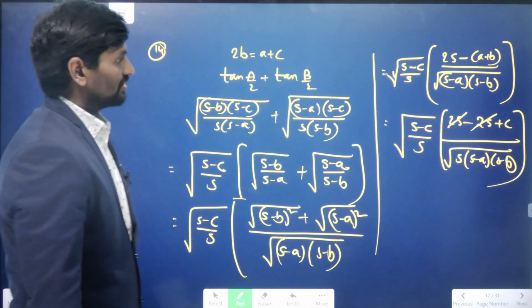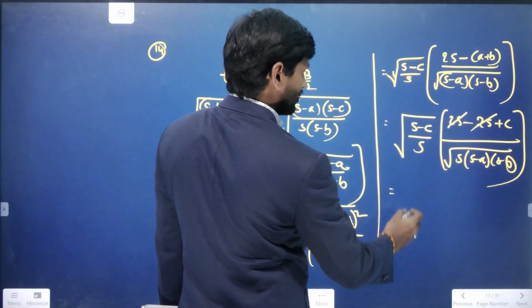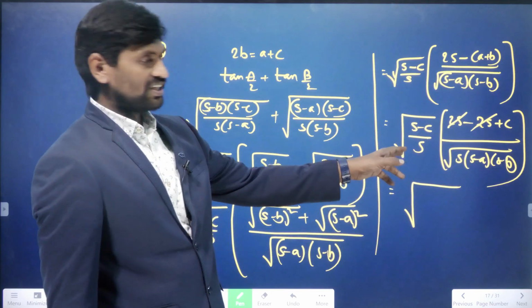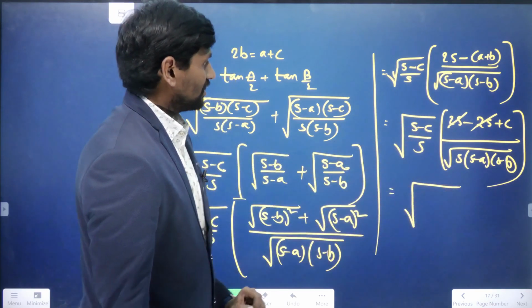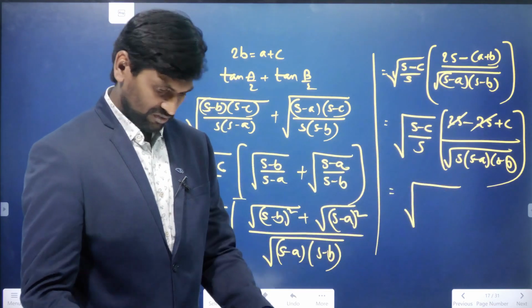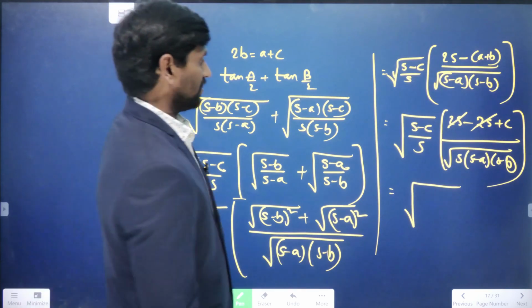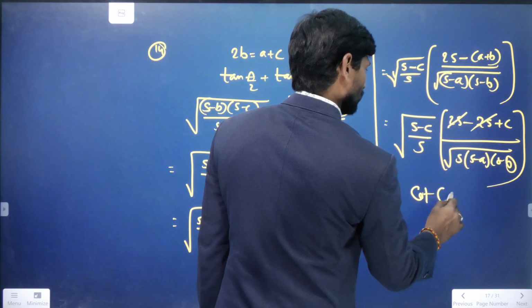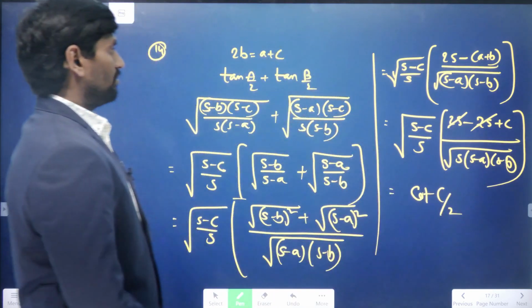Yeah, that is equal to root over... Now this value, while you are observing here, is the tan formula reversed. That means tan C/2 formula reversed is nothing but cot C/2 will be. Cot C/2 formula.